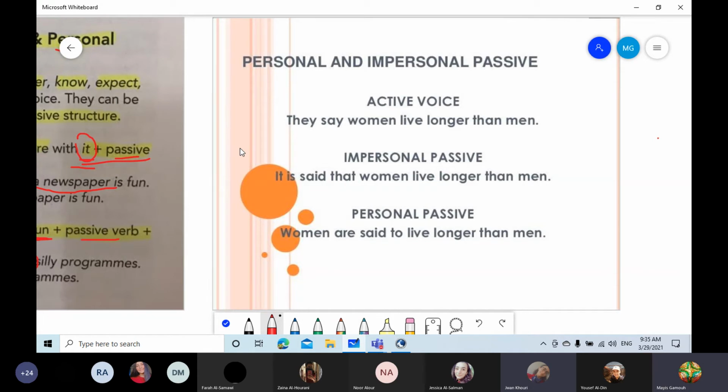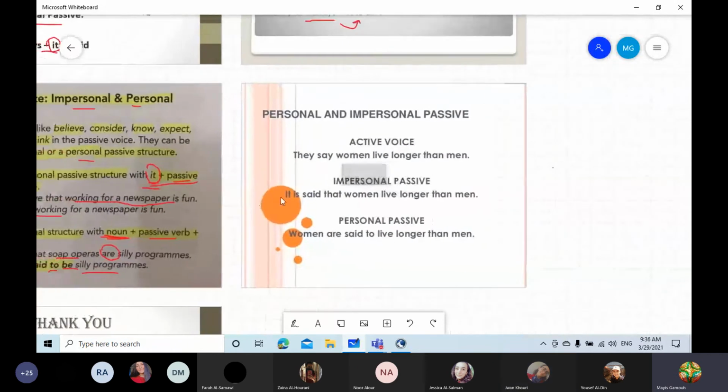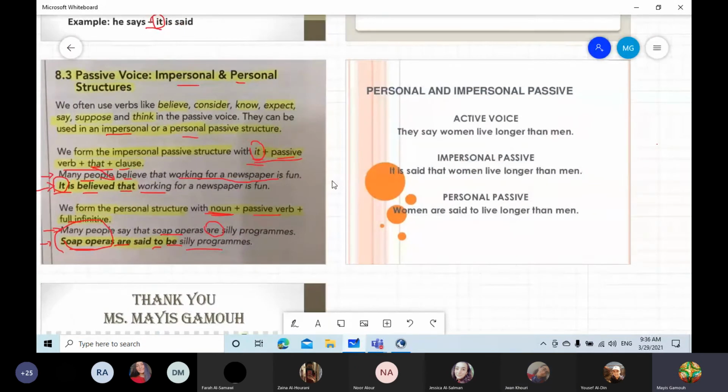Thank you. Can you please explain it? Sure, teacher. First, in the impersonal passive, we put it in the beginning. Okay, can you wait just a minute? Let me minimize this, in order to help you with the impersonal.